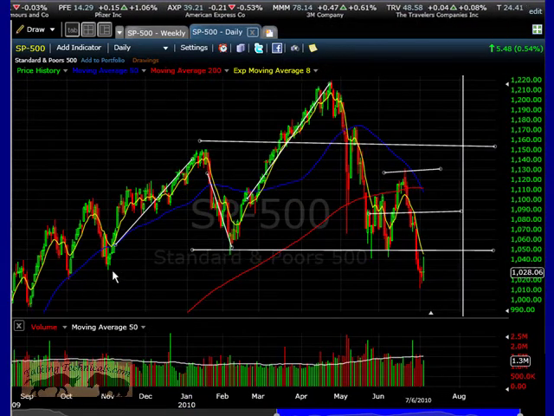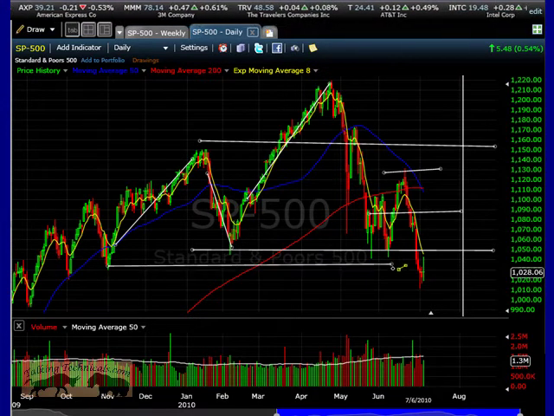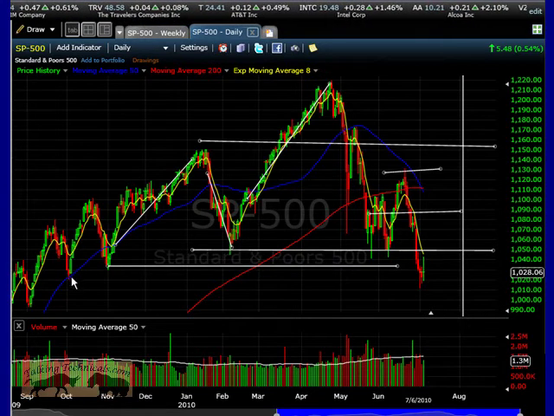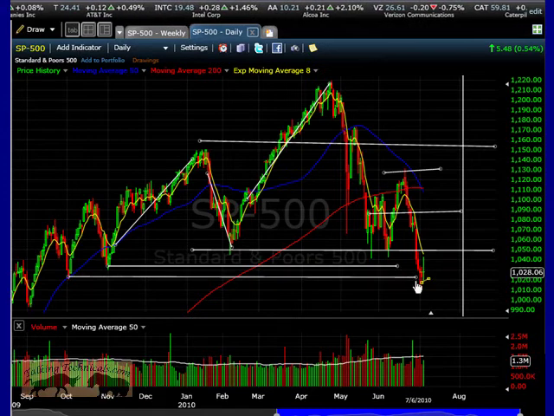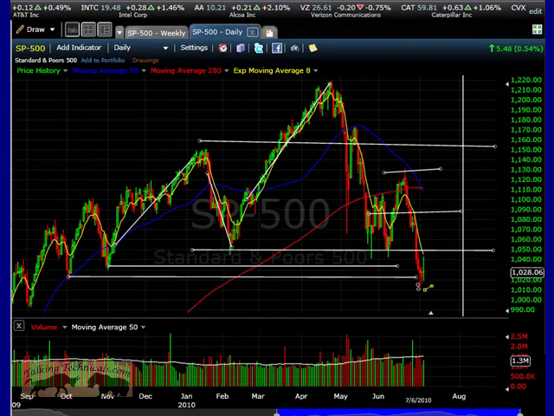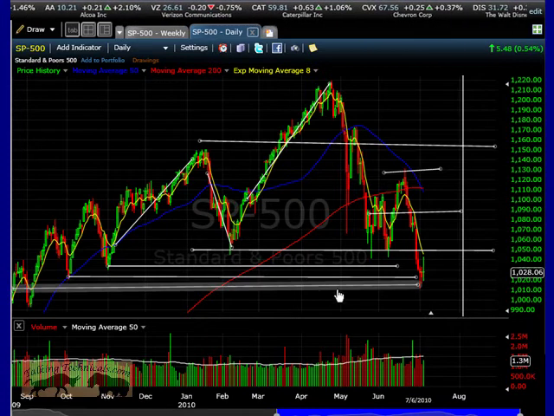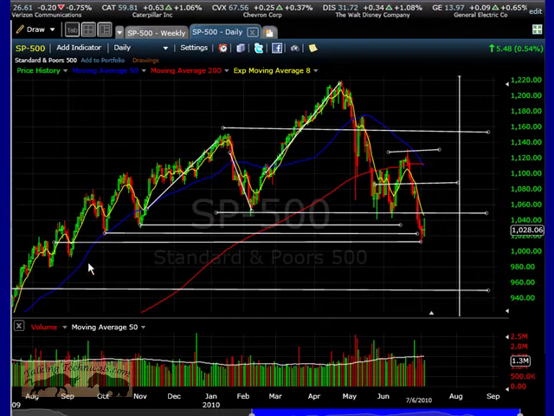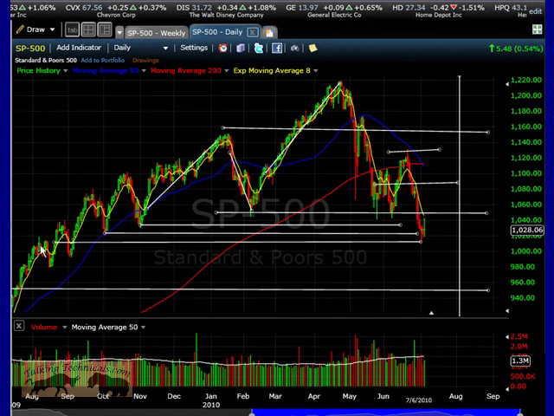We do have some minor support. Actually, we already broke that. I'm trying to look and see where this actually turned. So it's looking like these previous highs here acted as support.